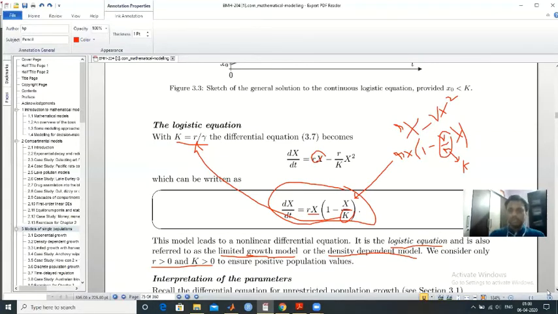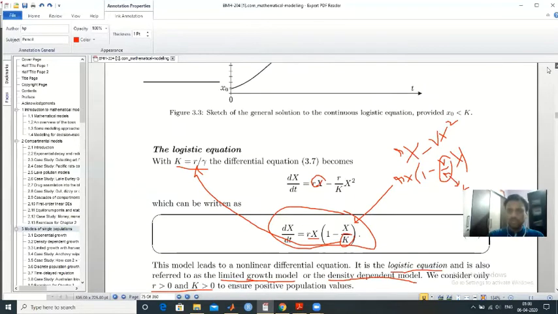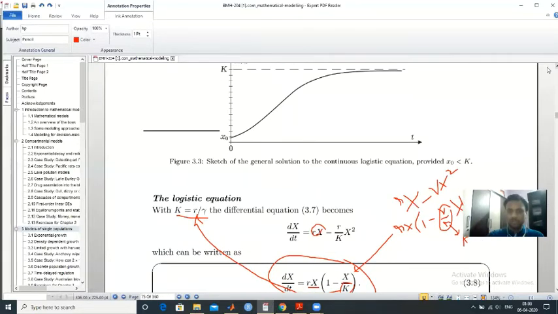This model is known as the logistic equation, or sometimes as the sigmoid as well. Why is it known as the sigmoid or logistic model? Because the sigmoid is S type. If you solve this type of differential equation, you will get this type of curve, right?